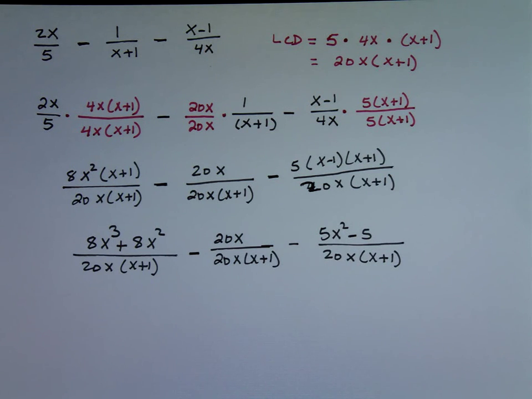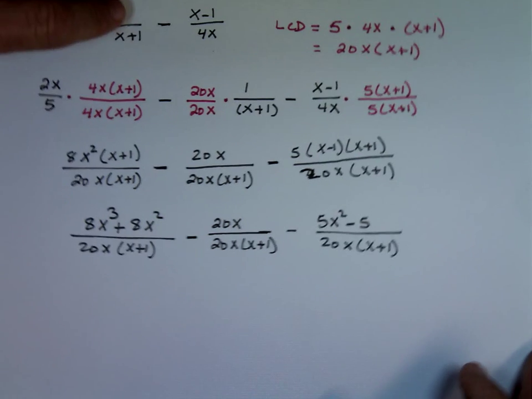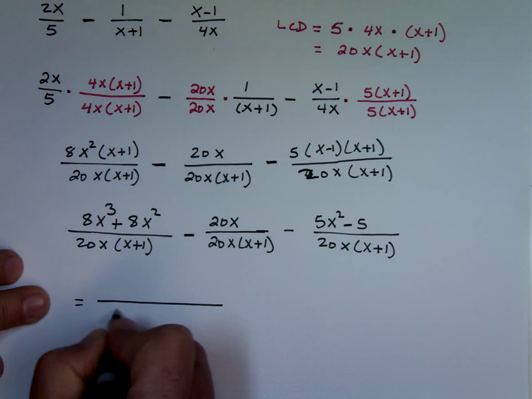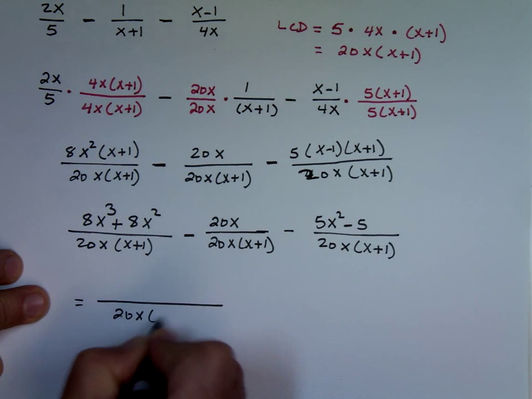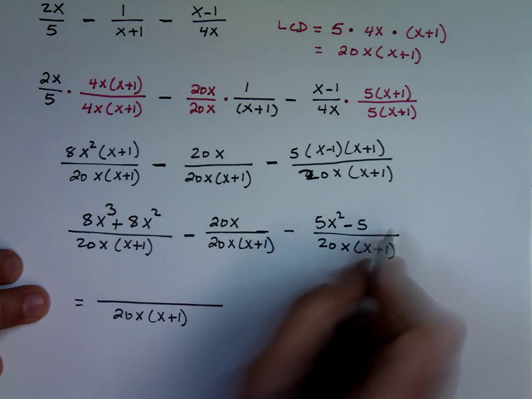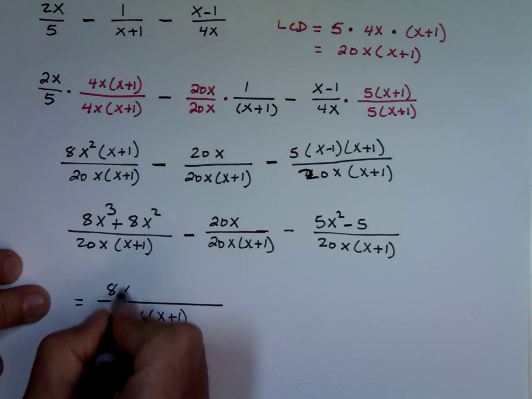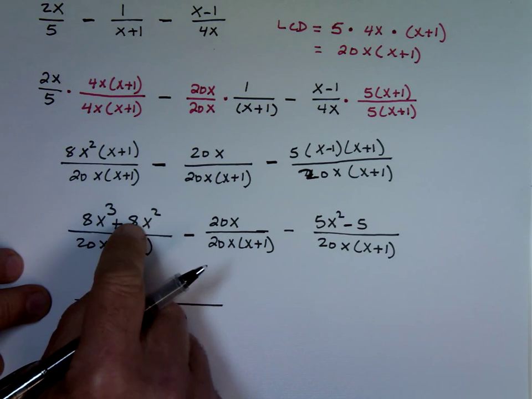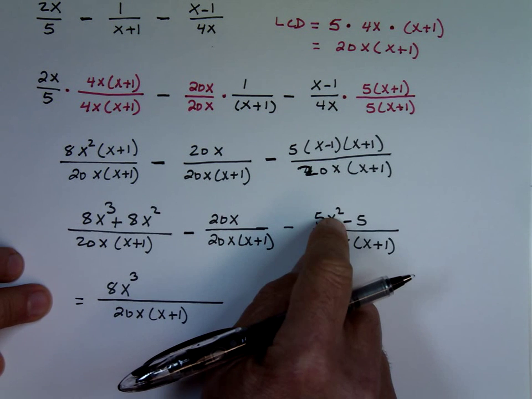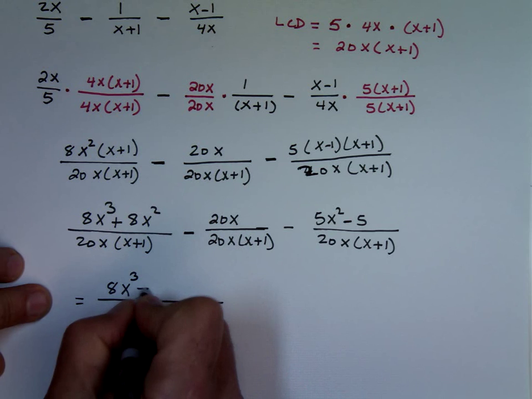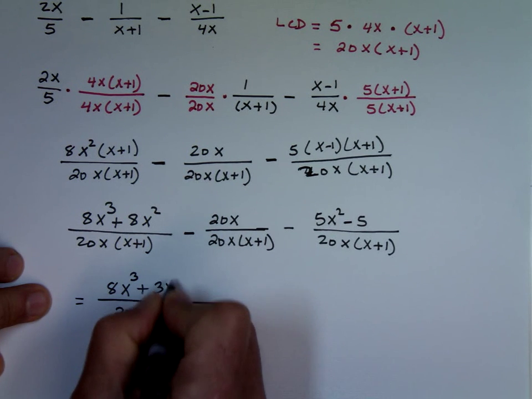And now let's clean it. We can make it one fraction. Eight x cubed, there is nothing to take from it. I get 8x squared minus 5x squared. 8 minus the 5, that's 3x squared. How about the x's?